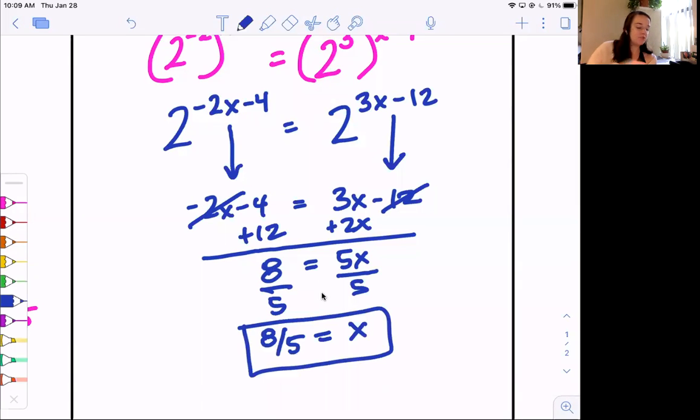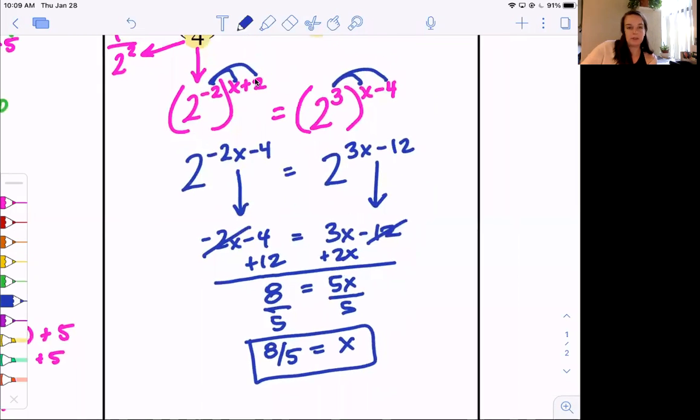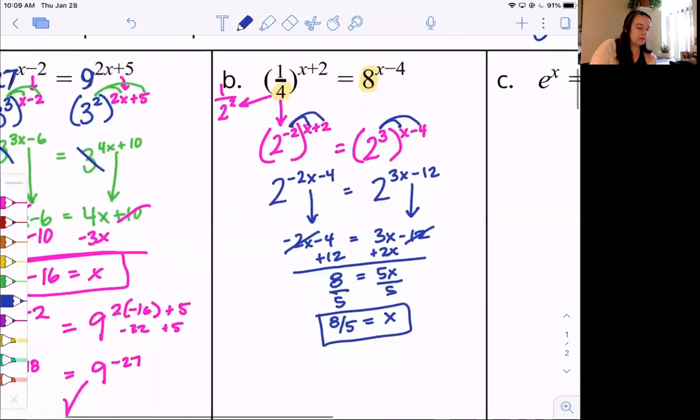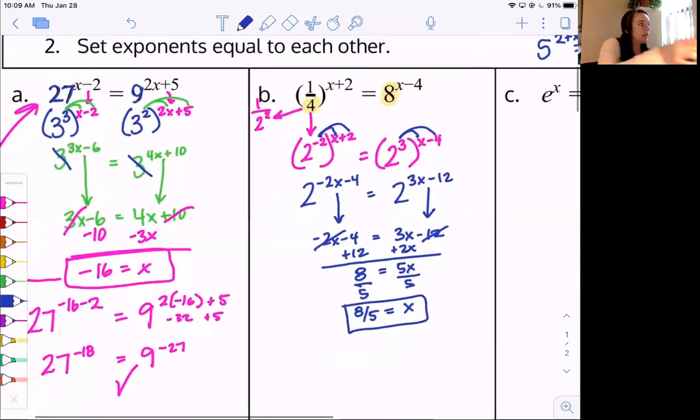Do not forget to distribute, right? Make sure you are distributing here, and then make sure you're calculating correctly. Give me a quick 5 to 5 here. How are we feeling about the last 2 problems? Zoom out so you can see.